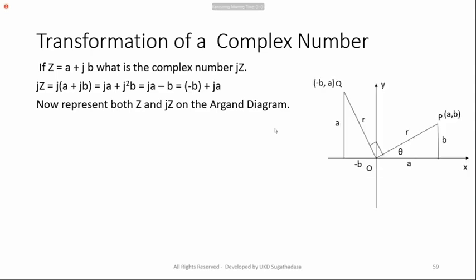Put both on the Argand diagram. And you can see on the right side, the Argand diagram. P represents Z, Q represents jZ. These are the coordinates: a comma b, and minus b comma a.